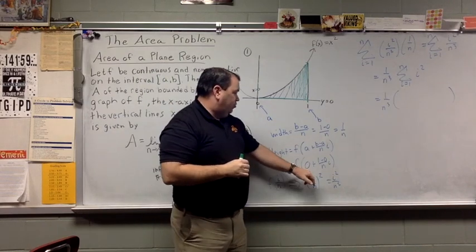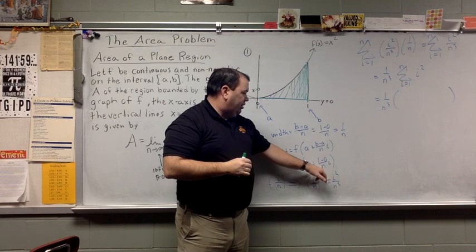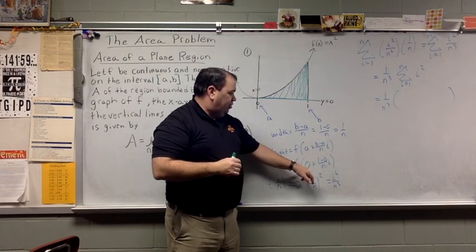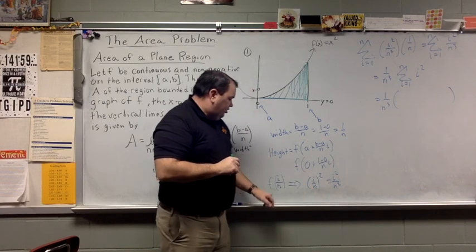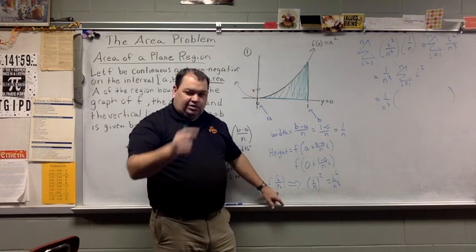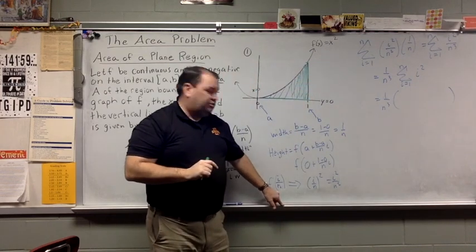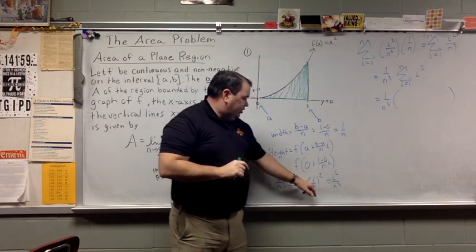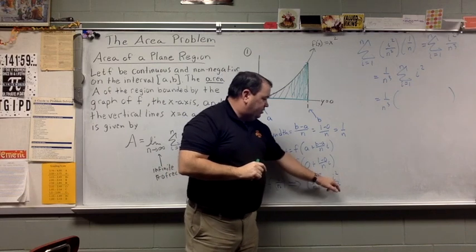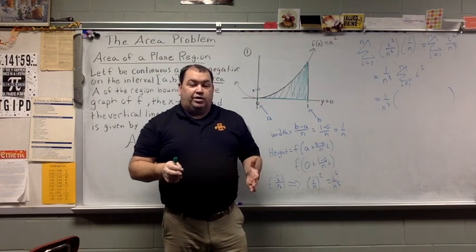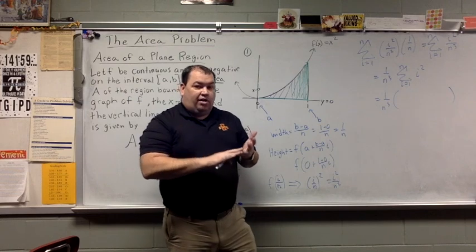So I took what I just calculated, 1 over n, and I multiplied it by i, starting at 0, and I got this. So when I plug i over n into the function, remember our function is x squared. So i over n plugged into x squared becomes i squared over n squared. So I have my width, I have my height.